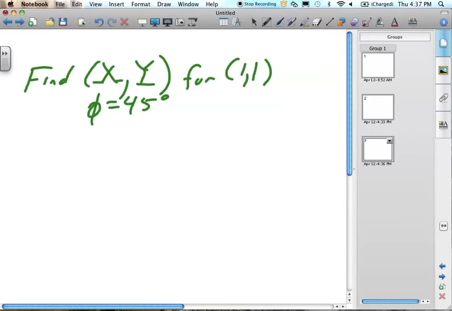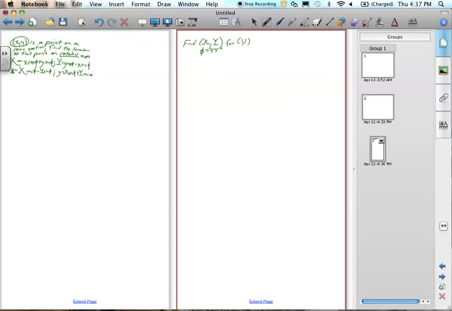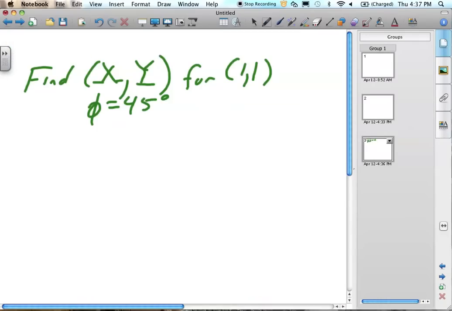So what we do is we come back in and take a look at our original equations, where the rotated x-coordinate is x cosine of the angle minus y, should be lowercase y, sine of the angle.